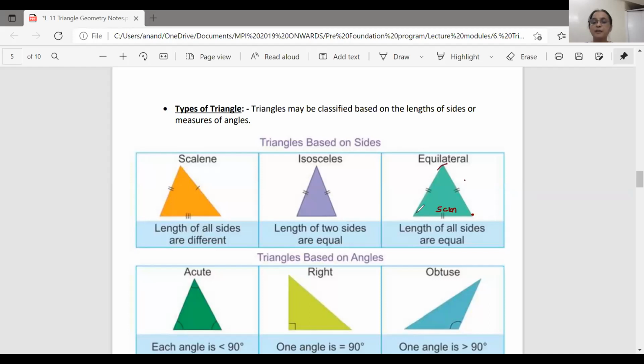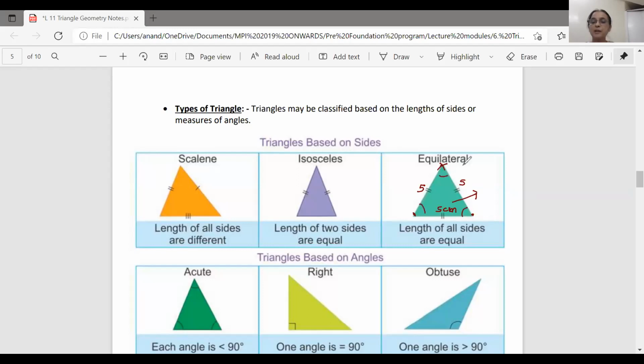From this point also, mark an arc of 5 centimeters and join this point to these 2 points. We will get a triangle which has all three sides equal. Measure the angles of this triangle. Measure this angle, this angle, this.